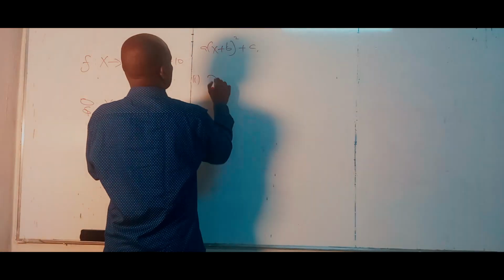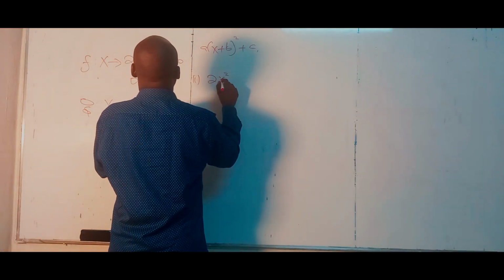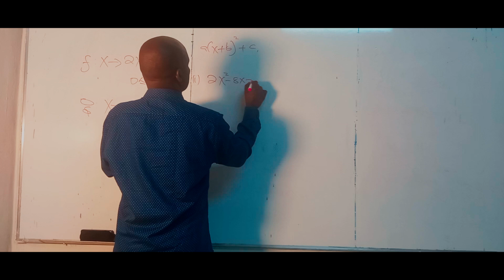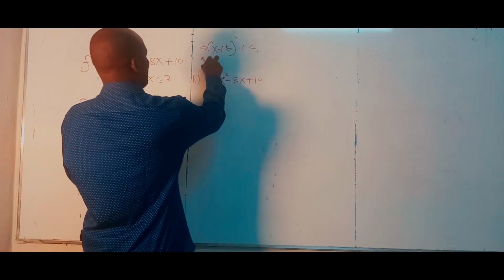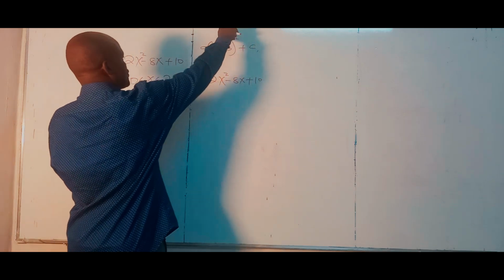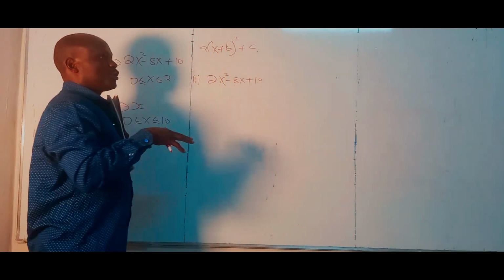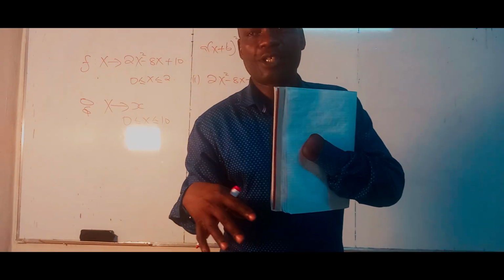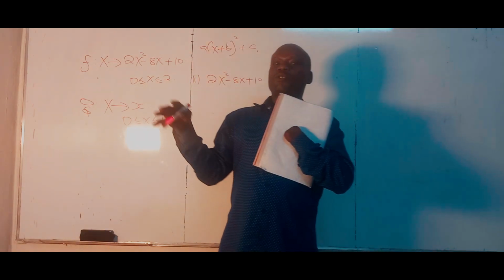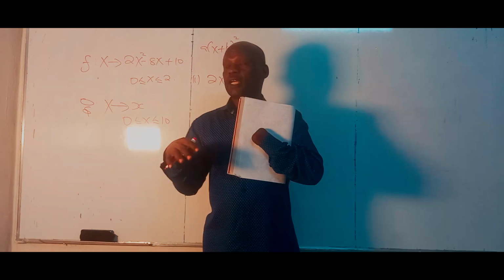So first we see that we have 2x squared minus 8x plus 10. And we are to express it in the form a into (x plus b) squared plus c. So we need to remember the completing the square method. And again, using the completing the square method, we'll see later that it is possible to derive the quadratic formula.